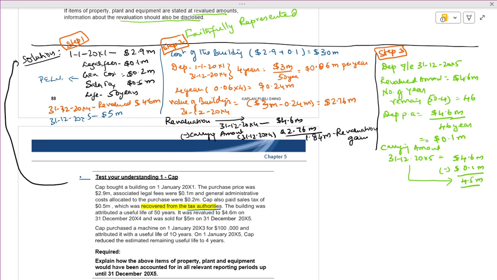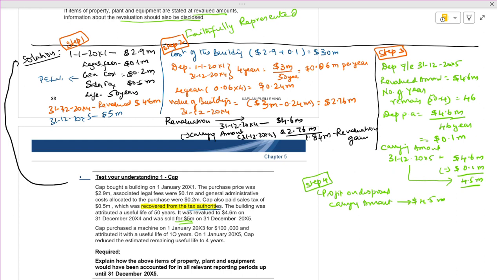Now what they have said, they have sold it for how much? They sold it for 5 million. Is it right? This is step 4. Is it profit on disposal? Profit on disposal. How much is the carrying amount? Carrying amount is 4.5 million.